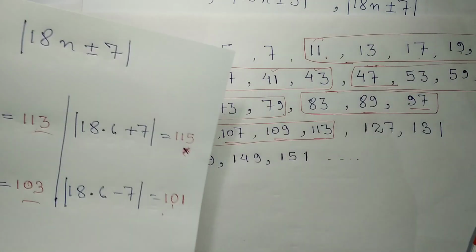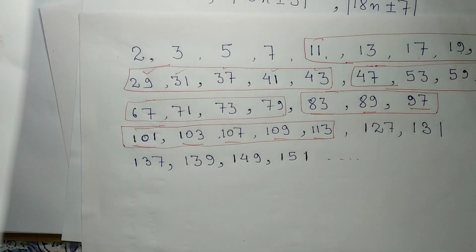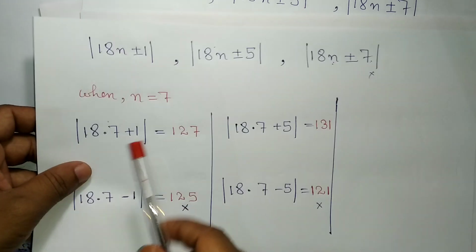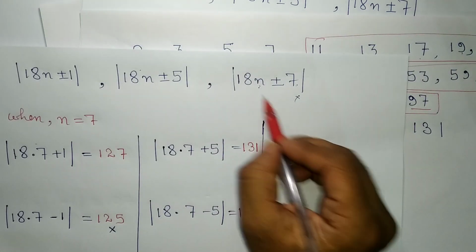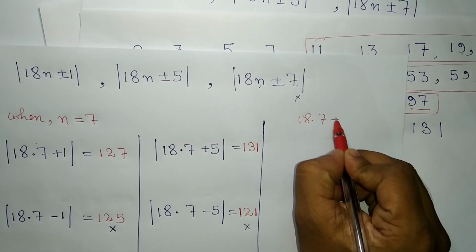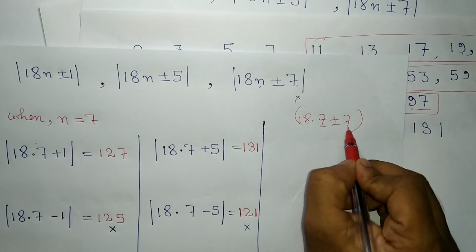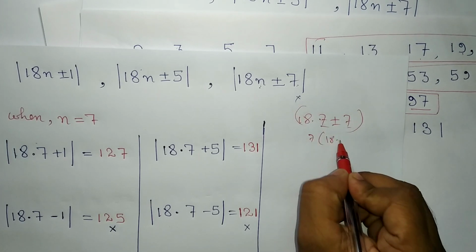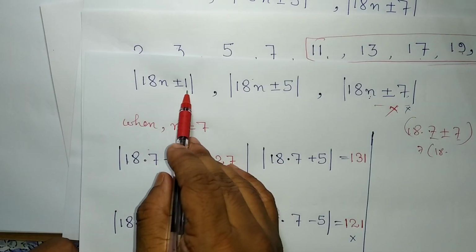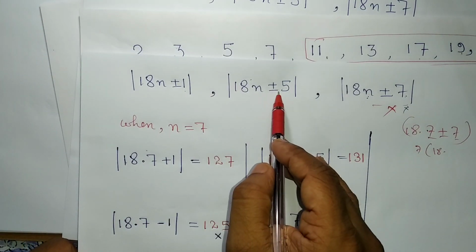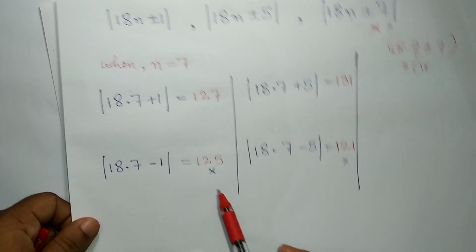And the last one, if I take n equal to 7, there must be a common factor 7 in plus minus 7. So we cancel this one, only taking plus minus 1 and plus minus 5 when n equals 7.